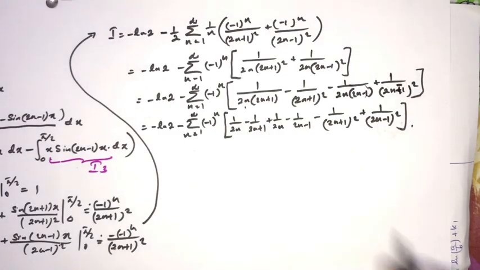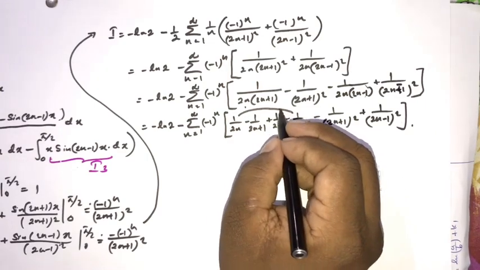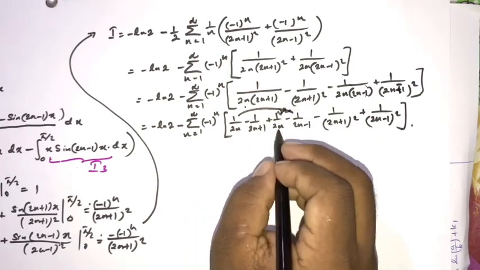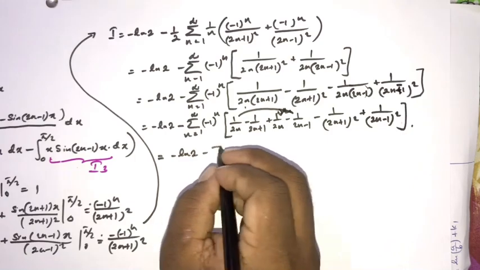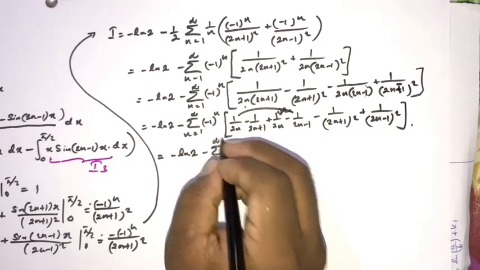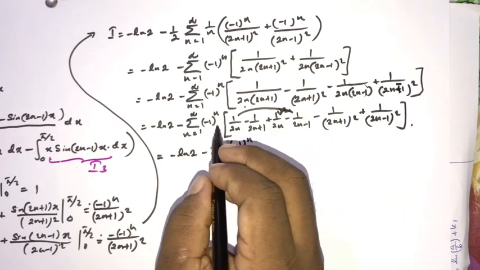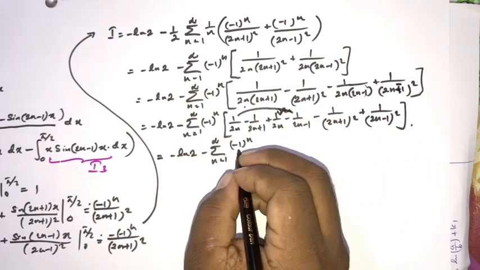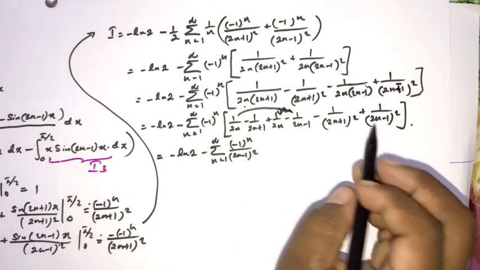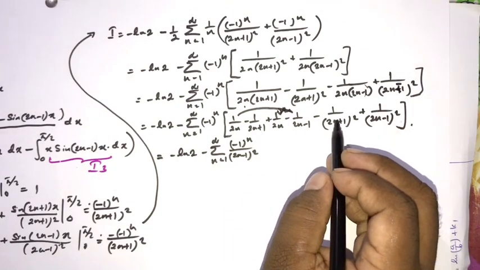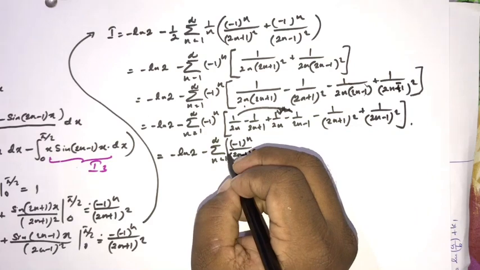Okay, again we know we can take the sum of these two parts. So 1 over 2n, 1 over 2n, we know 1 over n, so we can write here minus natural log of 2 minus sum n equals 1 to infinity, minus 1 to the n. Now we can multiply by minus 1 to the n, so minus 1 to the n, here (2n minus 1) squared, then here 1 over (2n plus 1) squared, and here okay, I am going to take parentheses.